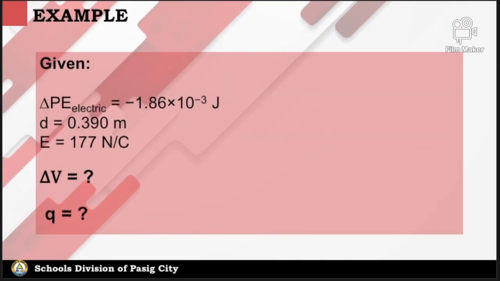Given the electric potential energy equal to negative 1.86 times 10 raised to negative 3 joule, distance of 0.390 meters, an electric field which is equal to 177 Newton per coulomb, we find the potential difference from the starting position to the final position and the amount of charge.